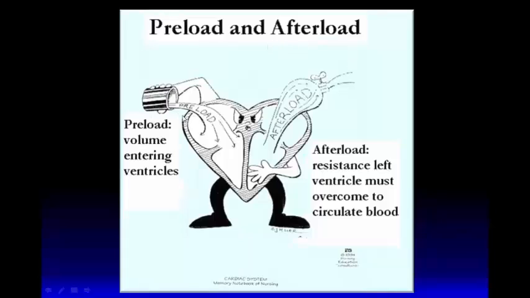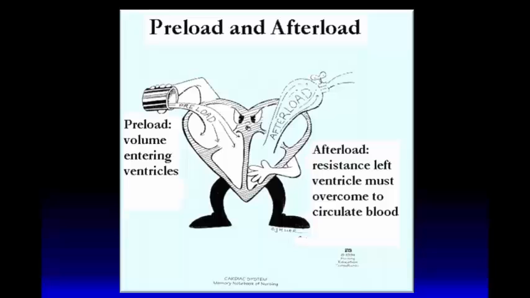So the preload is the volume which enters the ventricles during diastole, while the afterload, this is the resistance which the left ventricle meets when it begins to contract, and it has to overcome this resistance in order to eject blood into the circulation.